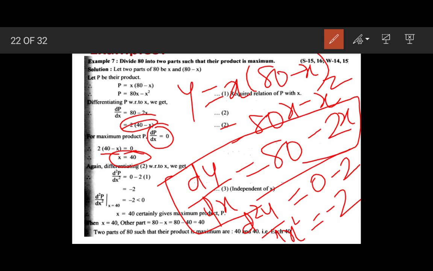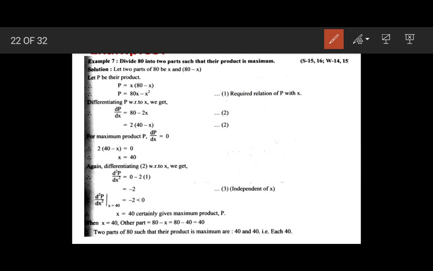Since this is negative, less than 0, second order derivative is negative, and hence we get a maximum value. So x equal to 40 will give the maximum product. So first part is 40 and the other part is 80 minus x means 40. So 40 will give the maximum product.